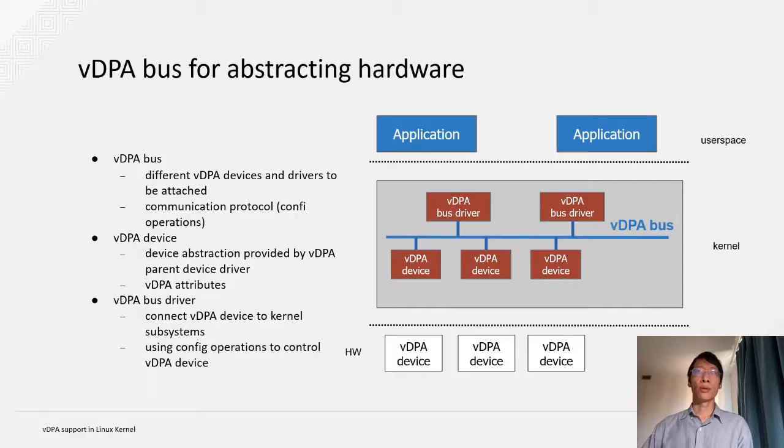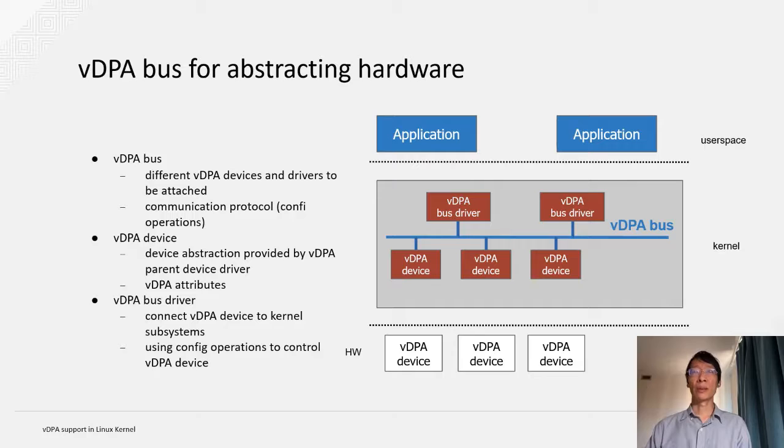Those communication protocols are a set of callbacks, called VDPA config operations. And the VDPA device is the device abstraction provided by the VDPA parent device driver, which has several common attributes of the VDPA device and also the implementation of the VDPA config operations.